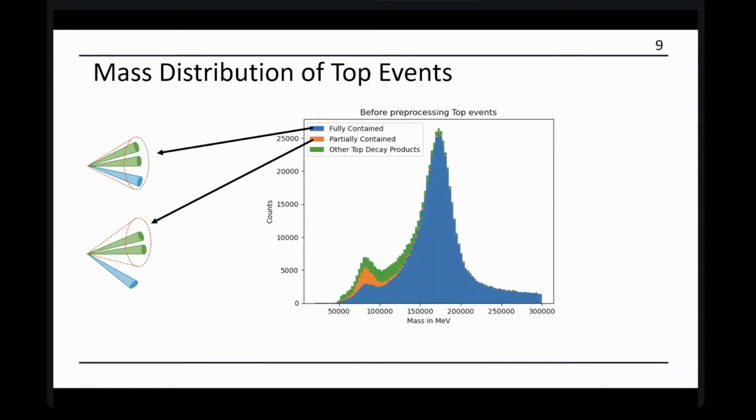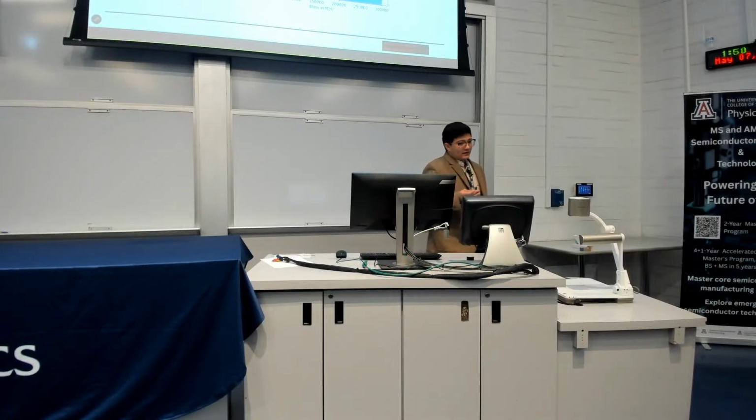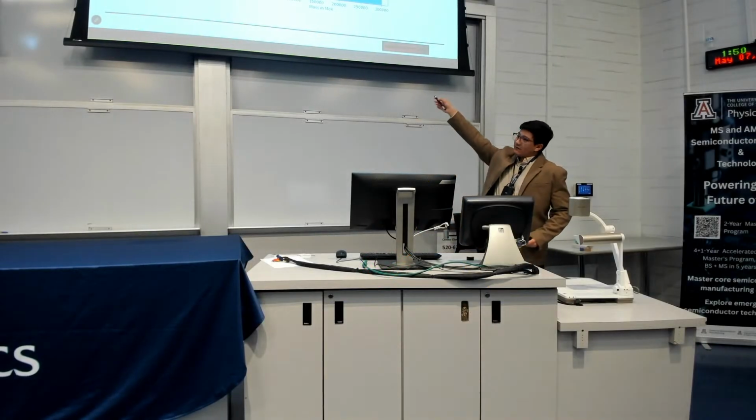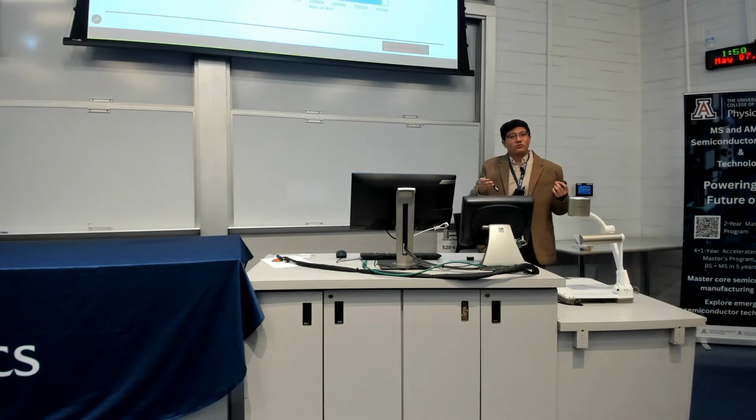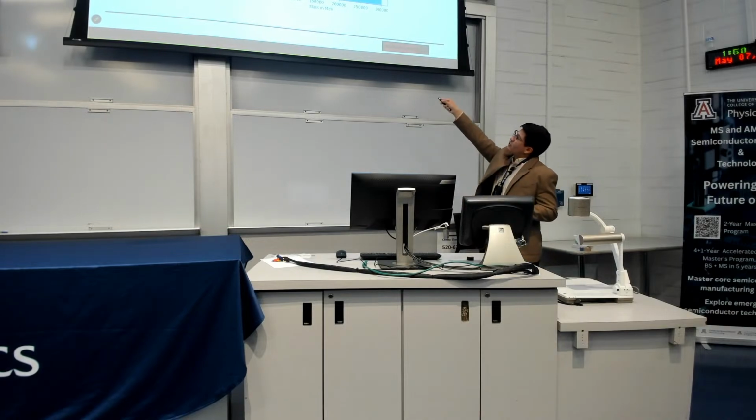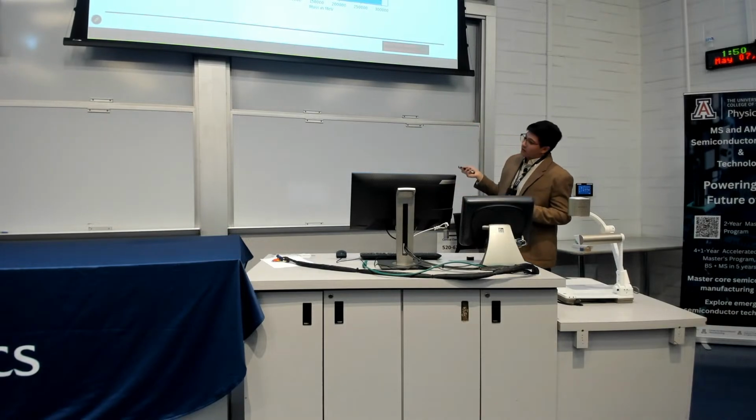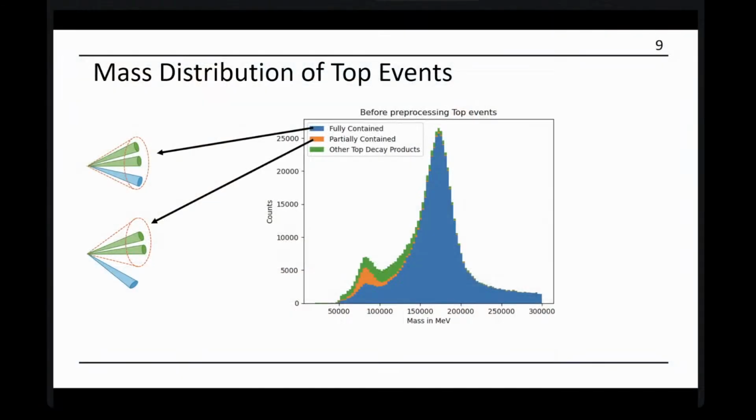Now our algorithms are very complicated. AI behaves in certain ways and you have to correct them. But in this case, it's learning how to look at distributions of mass like this. For our background, we have this mass distribution of these two events.